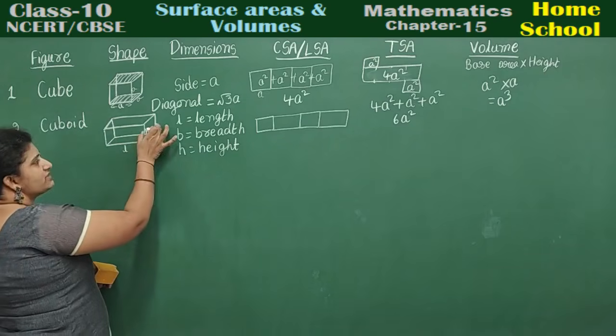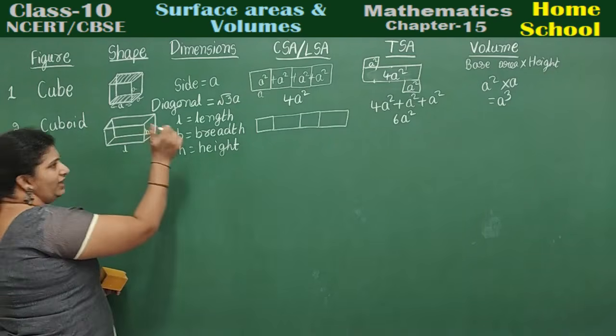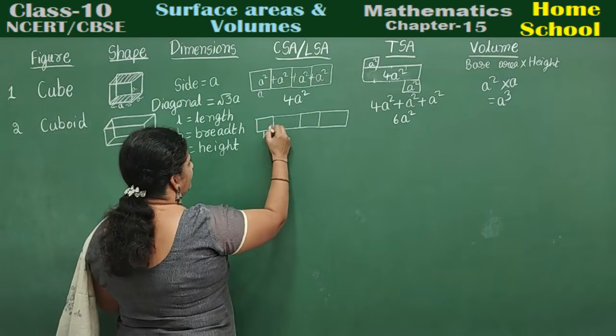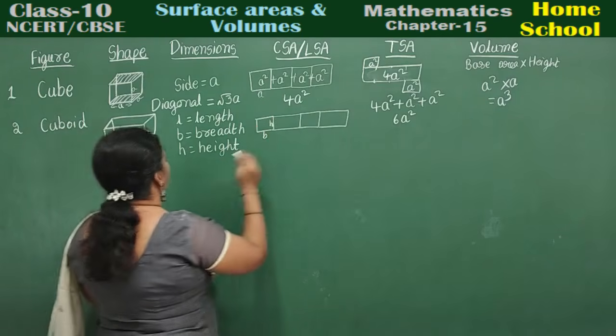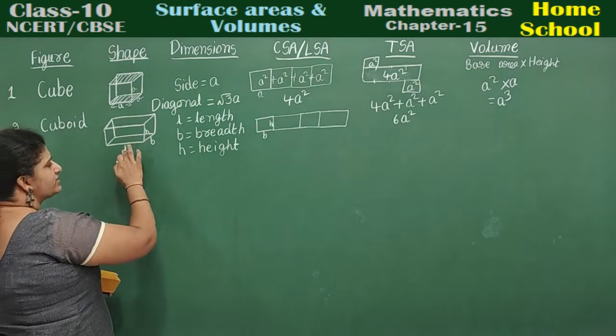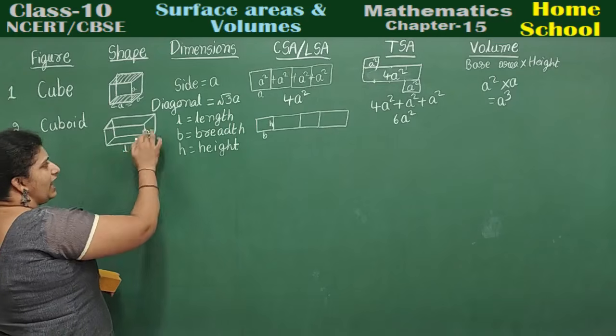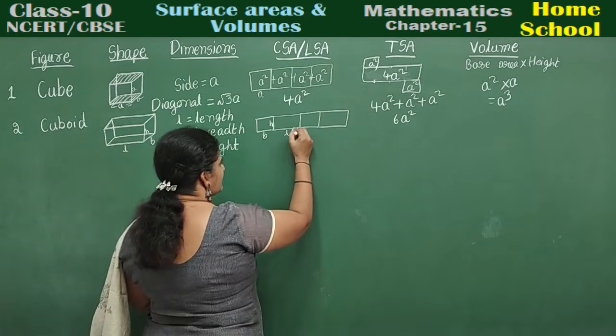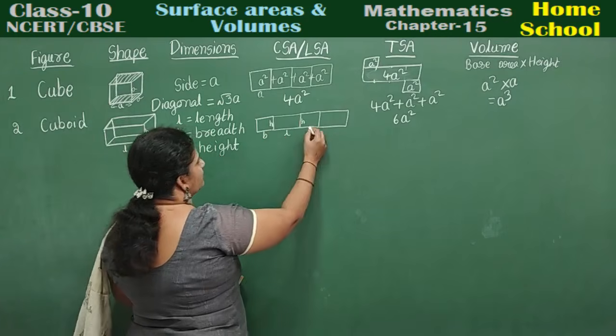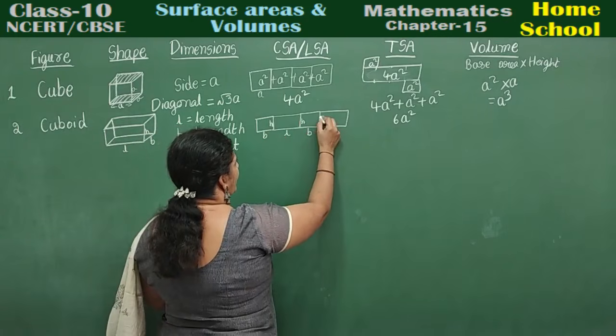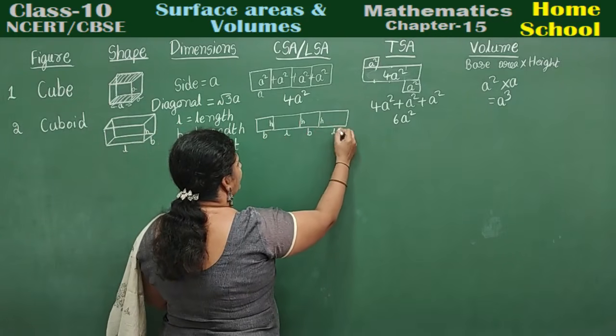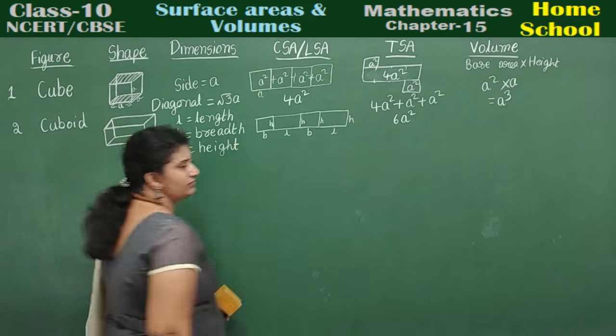If this is a square, what do you have? Breadth and height. And if it is a rectangle, what dimensions does it have? L and H. Again square: breadth, height. Rectangle: length, height.